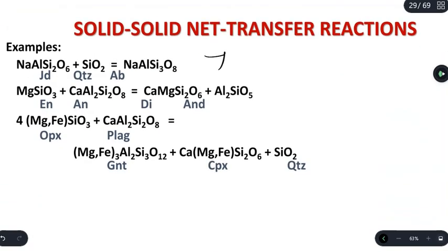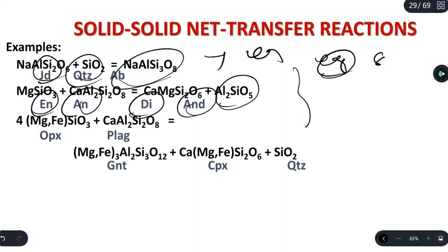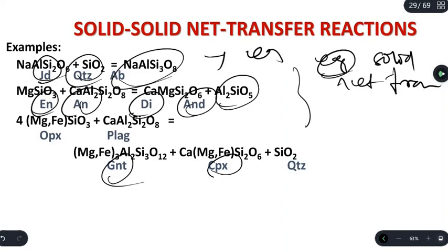So this is the example. ये याद रखना. So jadeite plus quartz gives rise to albite, or anorthite gives rise to diopside and andalusite. ठीक है? So these are some of the examples of the solid-solid net transfer reaction. Okay? Or garnet plus CPX gives rise to quartz. Sorry, OPX plus plagioclase gives rise to garnet plus CPX plus quartz.